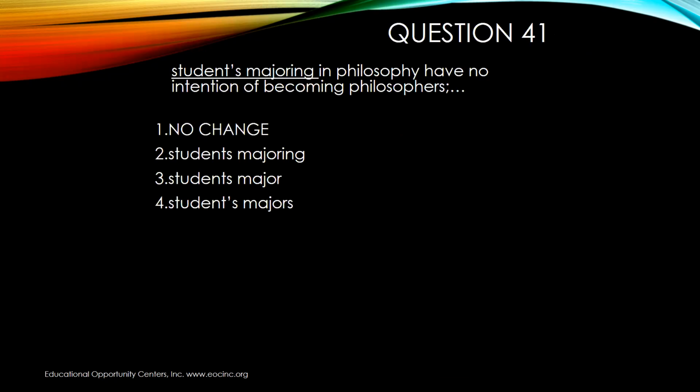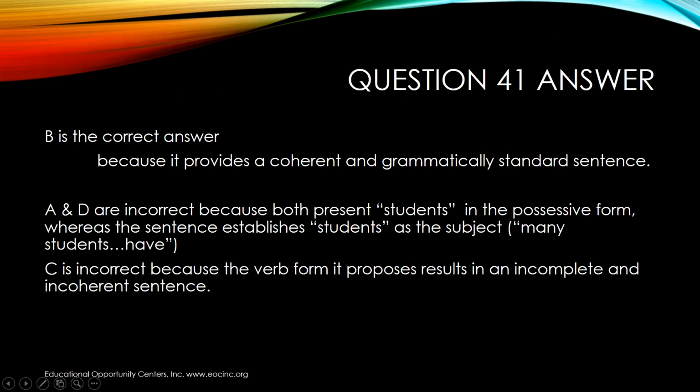Subject verb agreement. How about 41? Students majoring. Again, this is checking that apostrophe S. Is it used correctly? They love to see, do you know the proper possession? Carolyn, we have B. Correct answer is B. Good job.